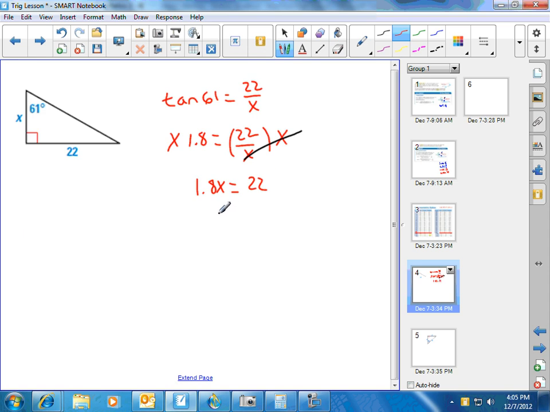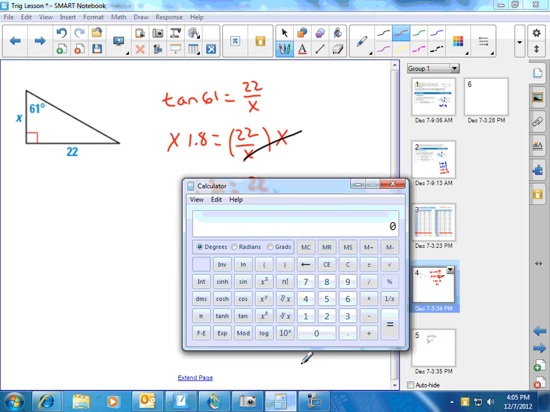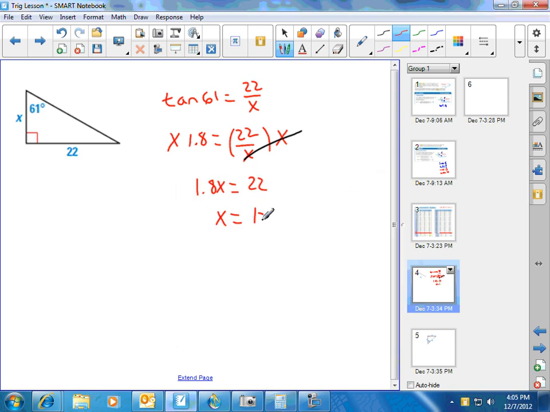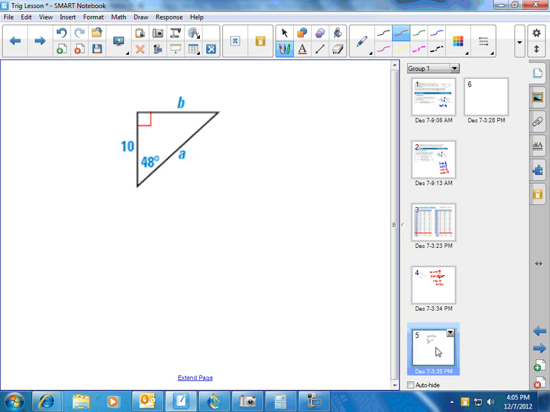Then when I divide 22 by 1.8, I get 12.2 repeating. We'll see later how we can use our calculator instead of this table.